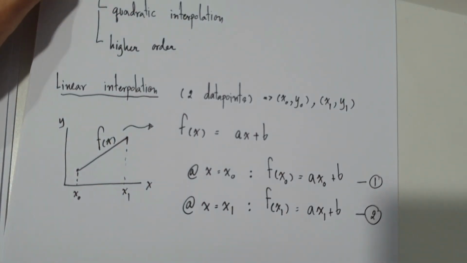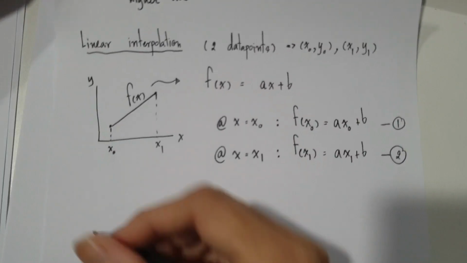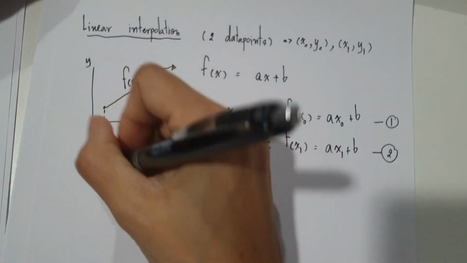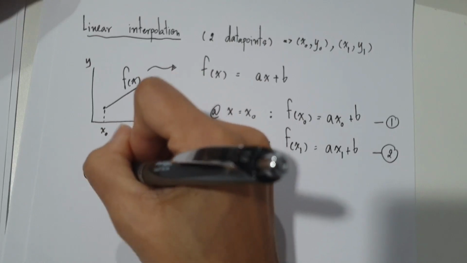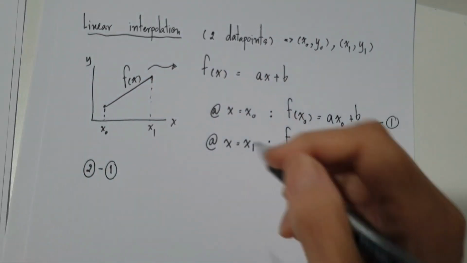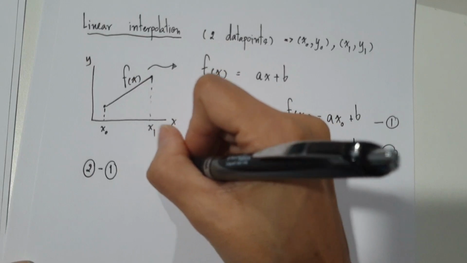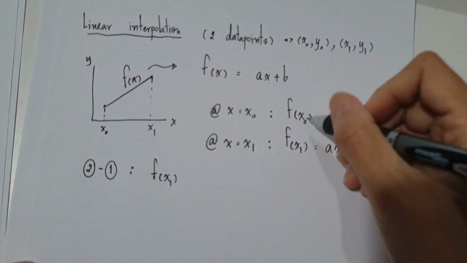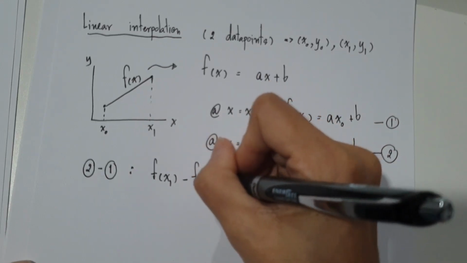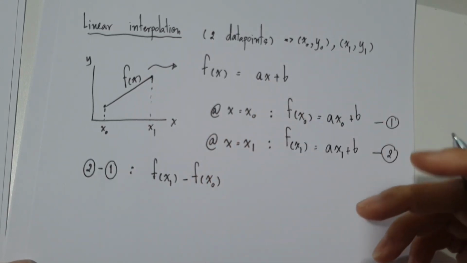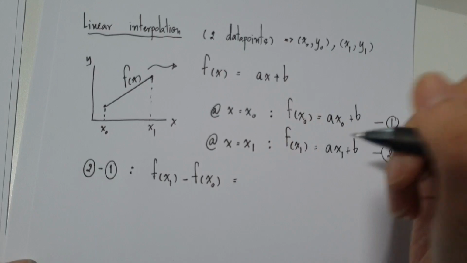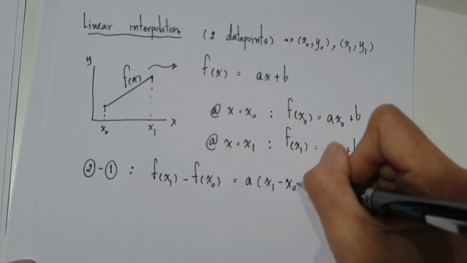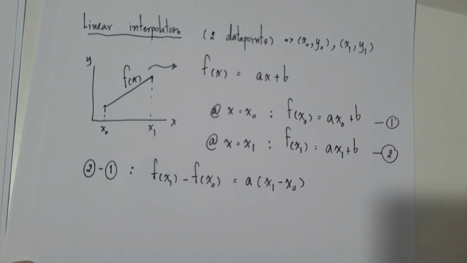If we subtract equation 1 from equation 2, we get f(x1) minus f(x0) equal to a times (x1 minus x0), right?